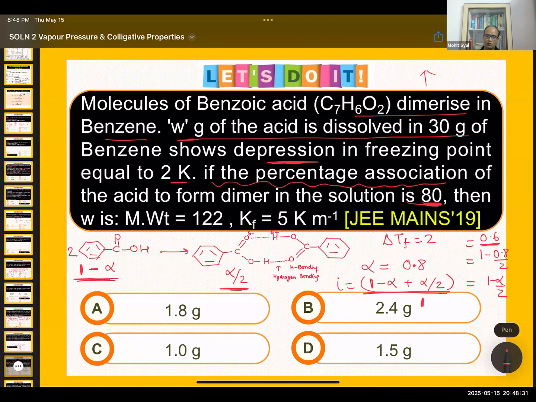You need to find out the mass of acid. W gram of acid is dissolved in 30 gram of benzene. Depression in freezing point is given as 2 Kelvin. Alpha is given as 0.8. Kf is given as 5.